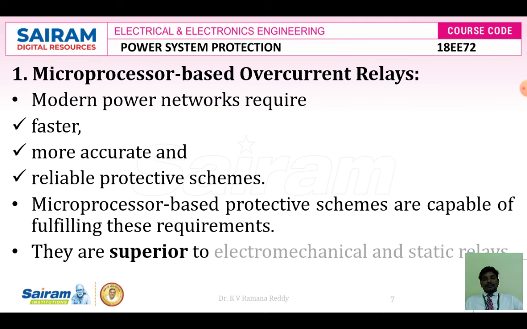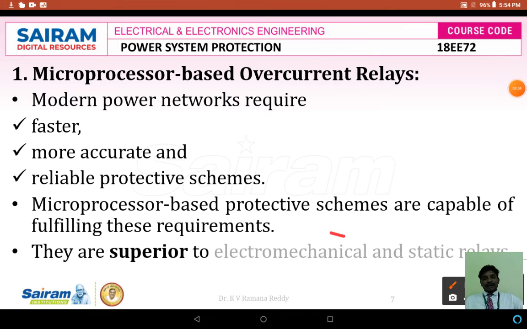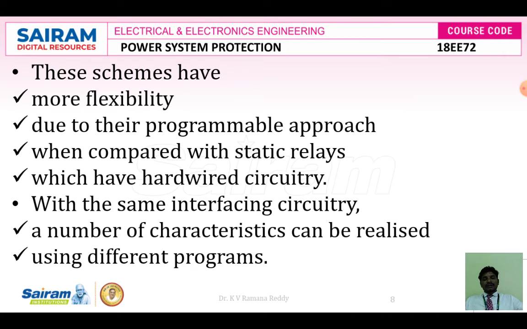Why? Because in electromechanical relays and static relays, there is a small delay time which appears because of the inductance effect, and because of silicon devices in static relays, which take some small amount of delay time. So we can overcome that kind of difficulty when we go to numerical relays like microprocessor based relays.